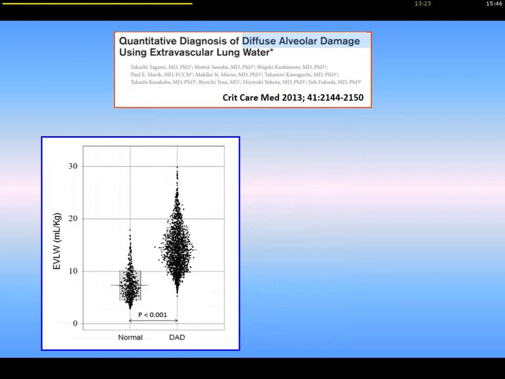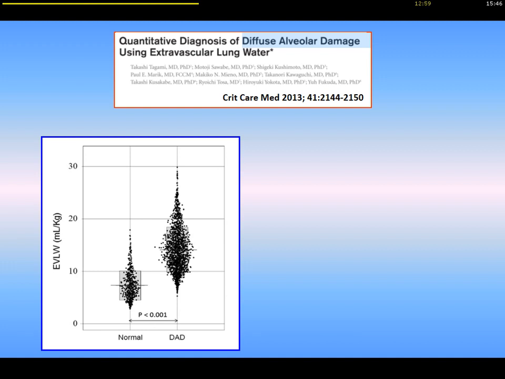This value was well validated by a study from Japan, and Takashi Tagami was the first author, and they measured extravascular lung water using the PICO just before the death of the patient, in moribund patients, of course, because they did not sacrifice patients just to measure lung water.